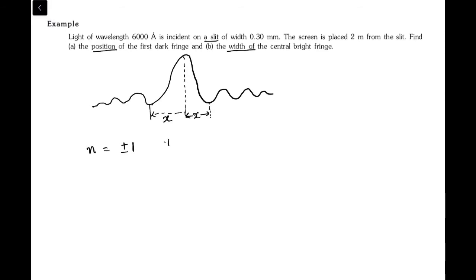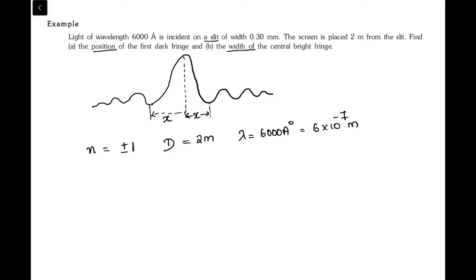Capital D is the distance between the slit and the screen, given as 2 meter. The wavelength we are using is 6000 angstrom, which I can write as 6 into 10 raised to minus 7 meter.